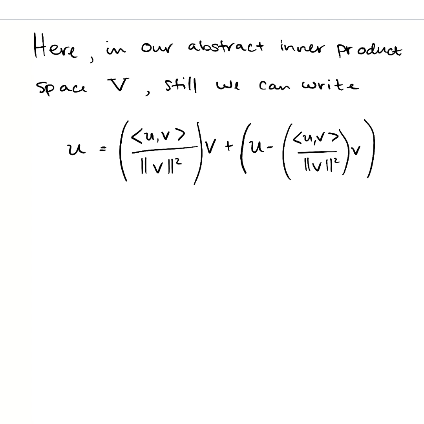Now, you can't argue algebraically with the equal sign, because basically that equation says u equals something plus u take away that same thing. So for sure this is true. The equal sign is not in dispute. The beauty of this decomposition is that not only is it algebraically true, but it really did break u into two pieces.